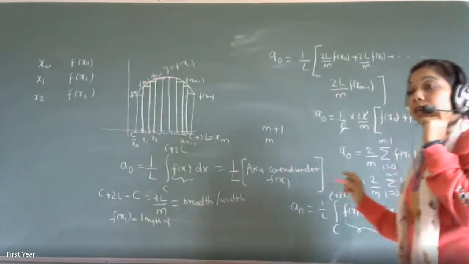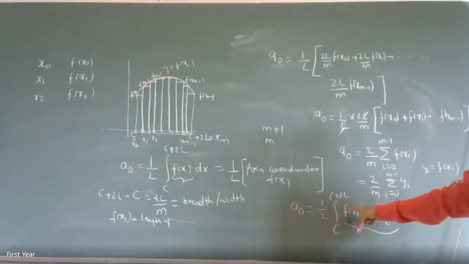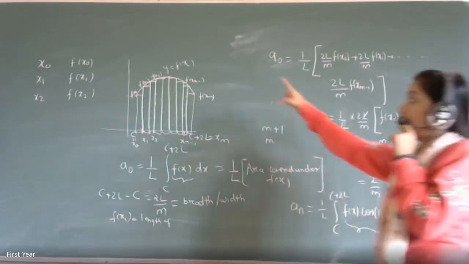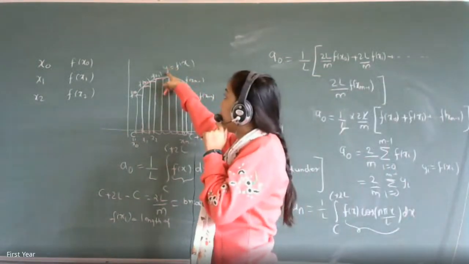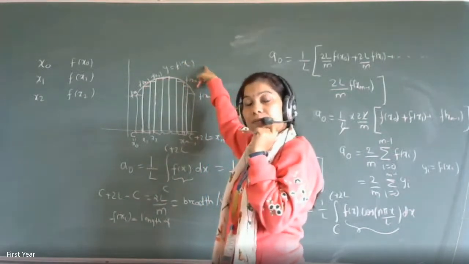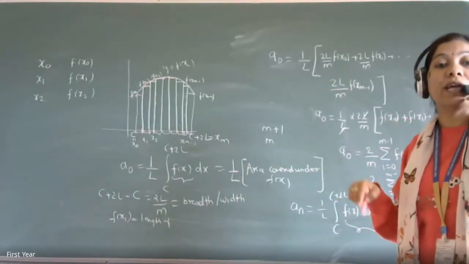Now, the integration which I want to calculate in terms of summation is of the function f of x into cos of n pi x by n. So your function y will become y is equal to f of x into cos of n pi x by n. And therefore your length will become f of xi cos of n pi xi by n.